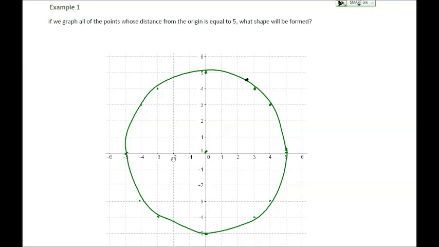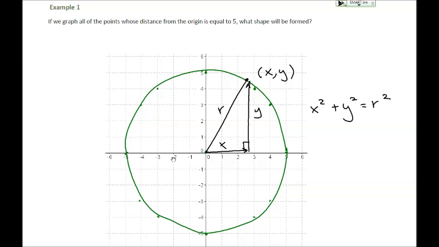If I take any point on here, x, y, that came from going from the origin a certain distance x and going up a certain distance y, and I can think about this as a right triangle and use the Pythagorean theorem. And I would find that x squared plus y squared is equal to r squared, or in this case, that radius is 5. And so the equation of this circle is x squared plus y squared equals 5 squared, or 25.